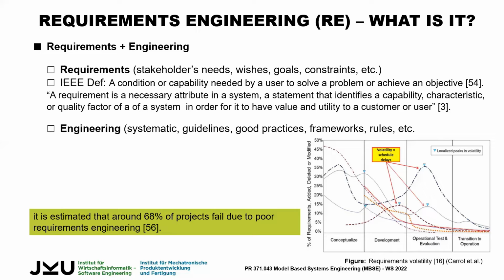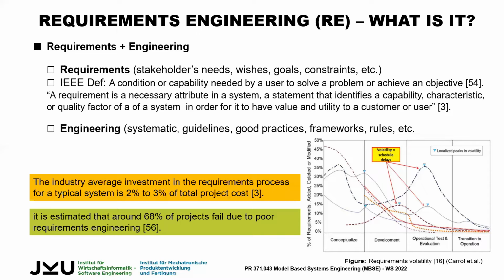I think the baseline of model-based systems engineering is requirements engineering, because you have to learn everything about your product here. And as soon as you are good on your requirements, your product success will be higher. Here it is estimated that around 68% of projects fail due to poor requirements engineering. 68%, this is really huge.